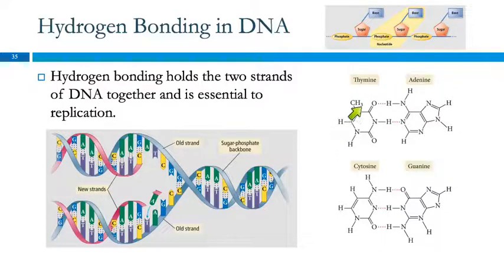So thymine and adenine can do hydrogen bonding because we have an oxygen here, that's going to be electronegative and will be attracted to this hydrogen. We have this nitrogen-hydrogen bond, and here's a nitrogen-hydrogen bond. And so these two can match up and form two hydrogen bonds. Cytosine and guanine, when they match up, can form three hydrogen bonds.